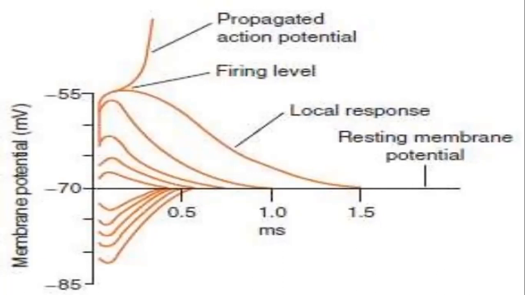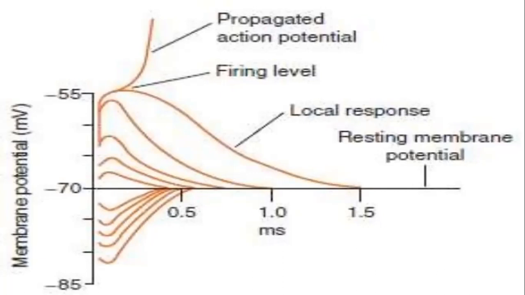Now let us discuss the changes in excitability during electrotonic potentials and the action potential. During the action potential as well as during electrotonic potential and the local response, the threshold of the neuron to stimulation changes.